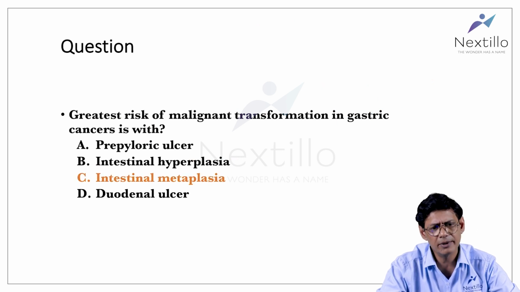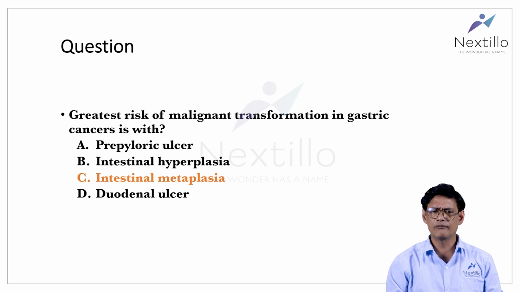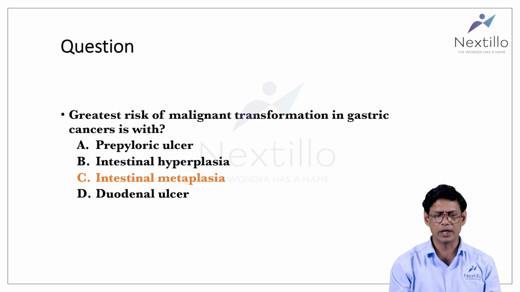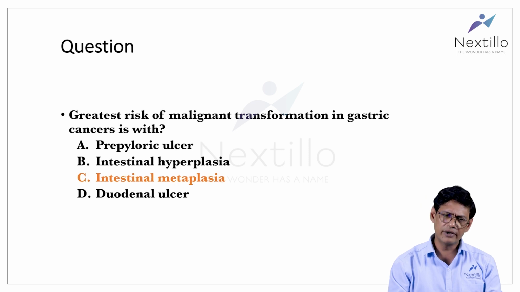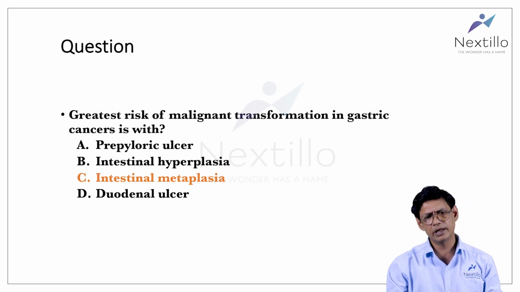Intestinal metaplasia may be associated with a number of conditions, but by far the most common condition that precipitates intestinal metaplasia in the stomach is infection by H. pylori. H. pylori causes active gastritis. This active gastritis leads to intestinal metaplasia, and intestinal metaplasia leads to the development of gastric cancer.